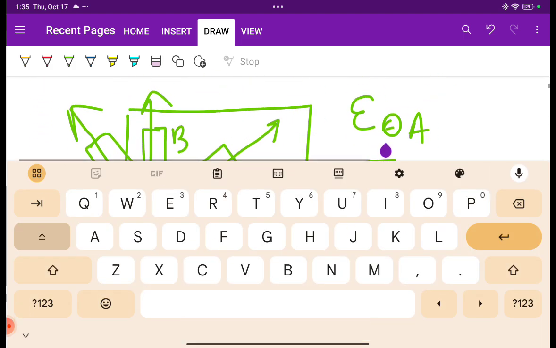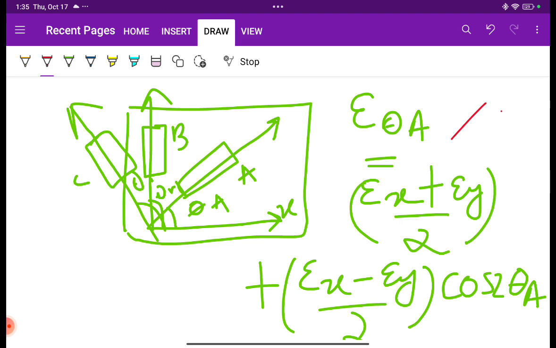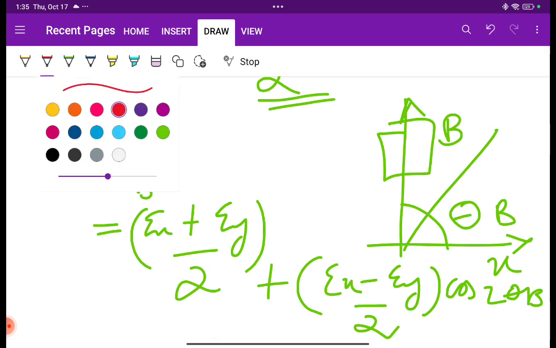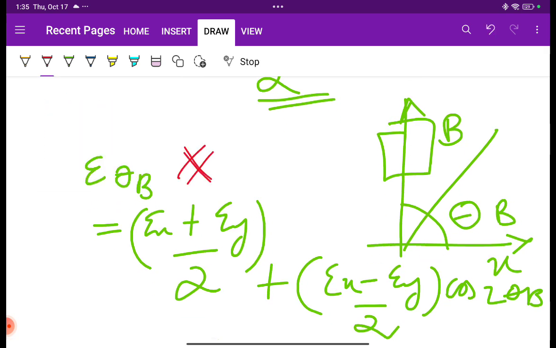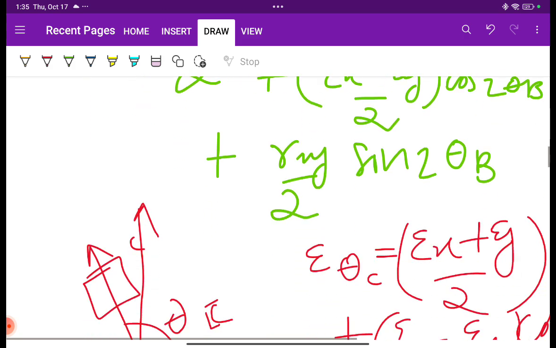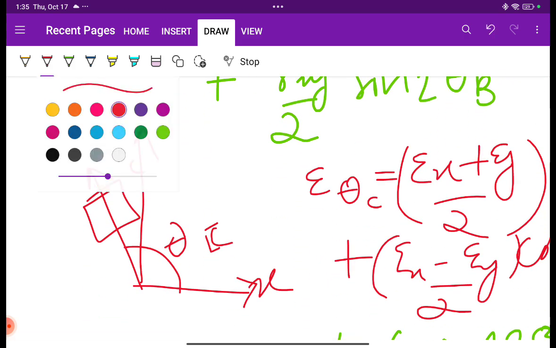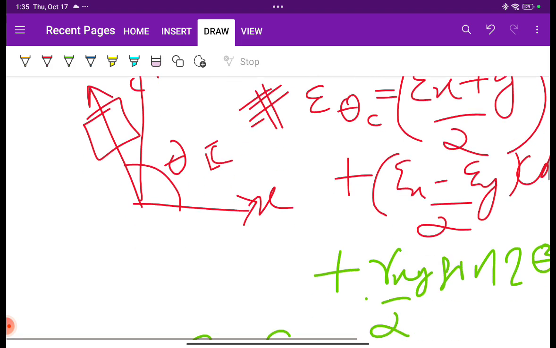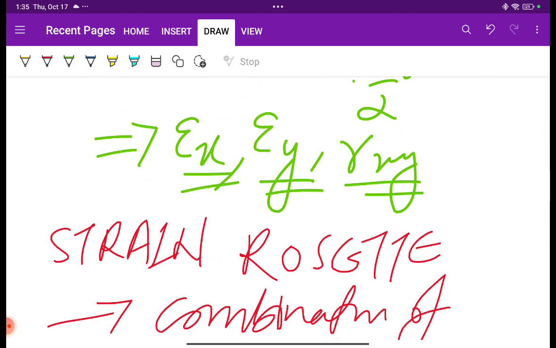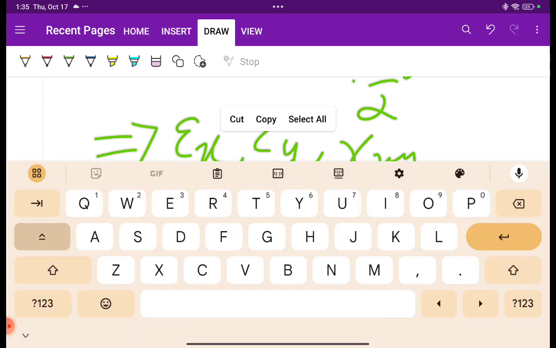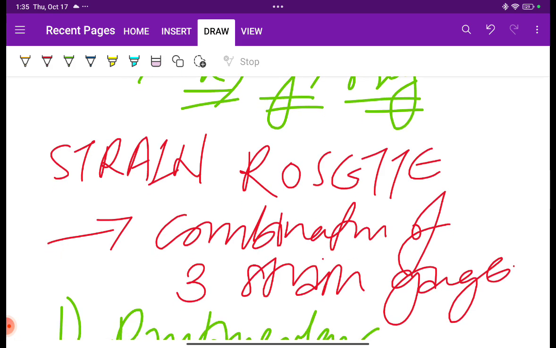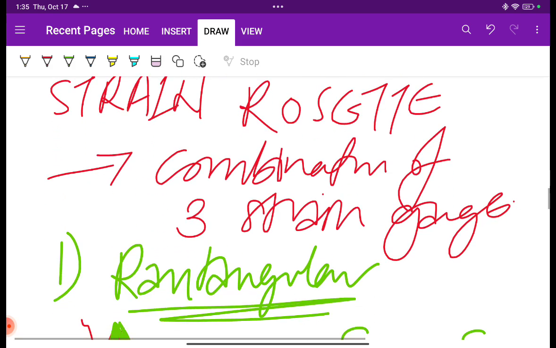You will get these values, and by solving these three equations, we will find the unknowns, which are sigma x, sigma y, and gamma xy.